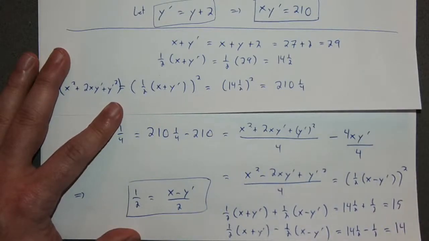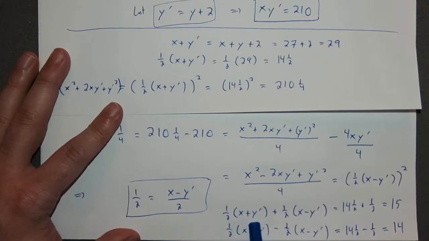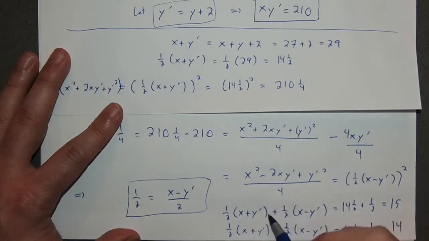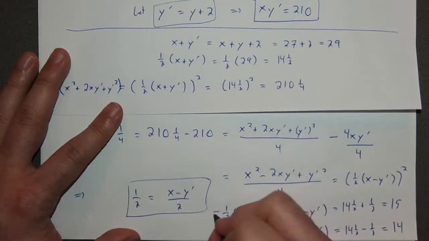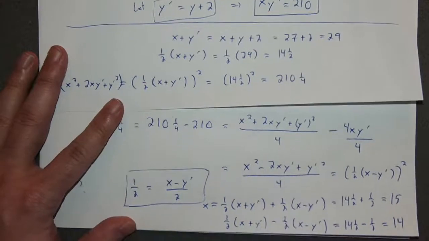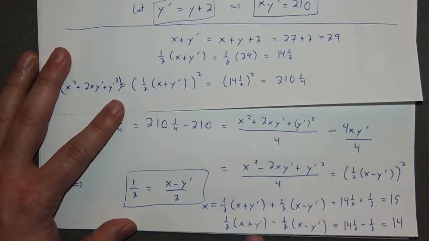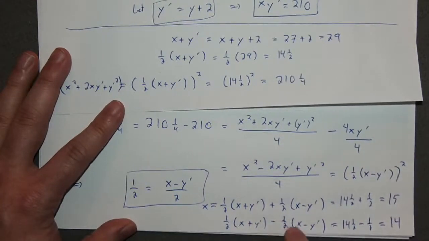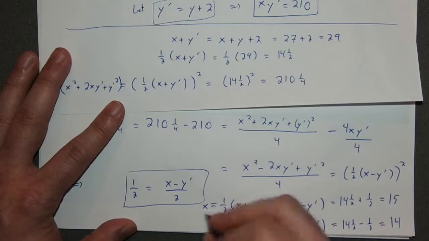But what are these? 1/2 (x plus y prime) plus 1/2 (x minus y prime): 1/2 x and 1/2 x give me x, and 1/2 y prime minus 1/2 y prime cancel. This is x. Similarly, 1/2 x and minus 1/2 x cancel, and 1/2 y prime minus minus 1/2 y prime is y prime.